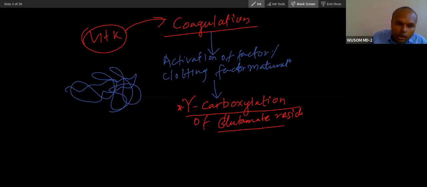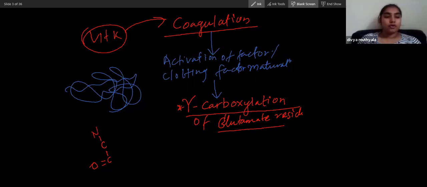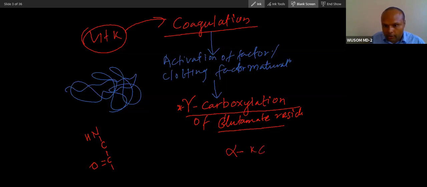So now, what is glutamic acid? Amino acid. Okay. Which type of amino acid? A carboxy group containing 5 carbon amino acid. Don't you get alpha ketoglutarate from glutamate? This is the keto acid of glutamate.